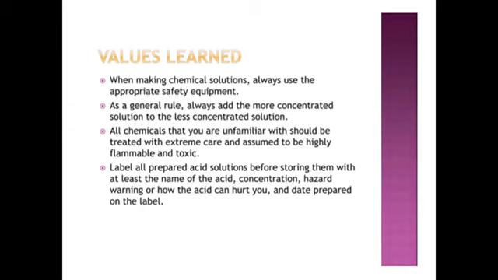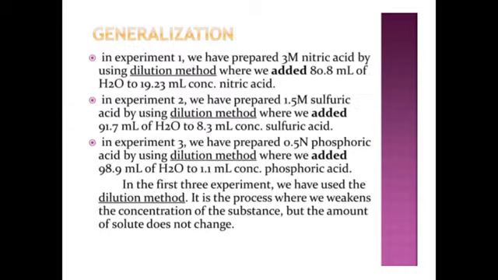And then of course, generally now in experiment 1, we prepared 3 molar HNO3 solution using the dilution method, where we added 80 ml of water to 90.23 ml of conc HNO3.